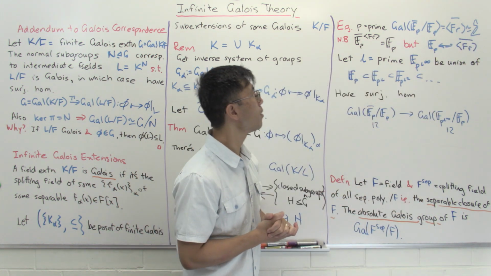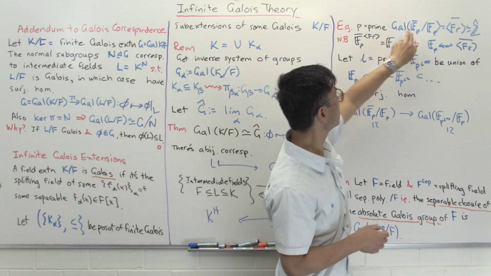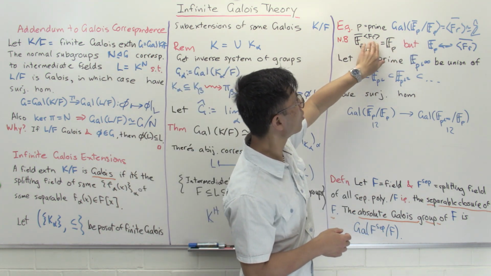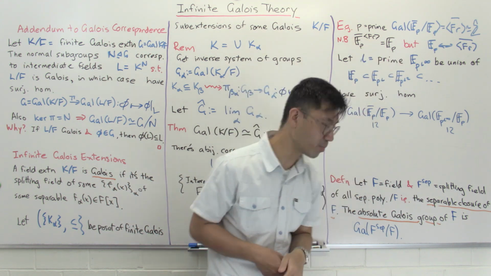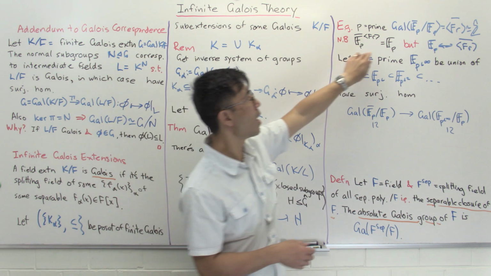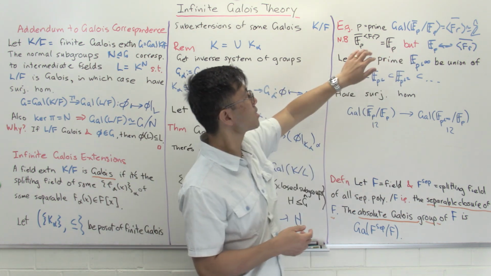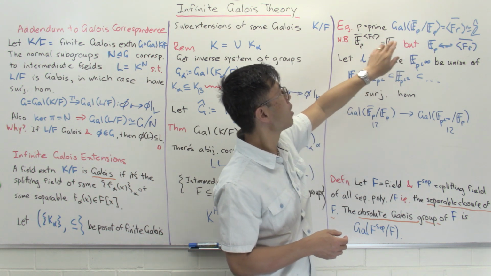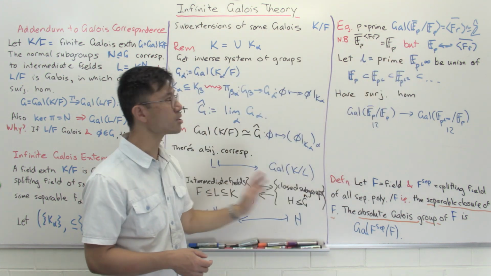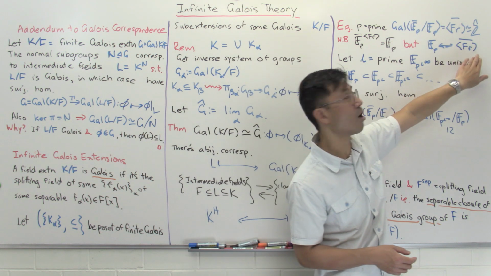Note that if you start with this big field and the infinite cyclic group generated by Frobenius, you can apply this map and you'll get Fp. But this cyclic group is not the one corresponding to Fp. The one corresponding to Fp has to be a closed subgroup, so we have to take the closure of this group.